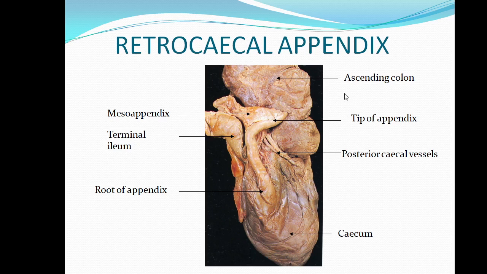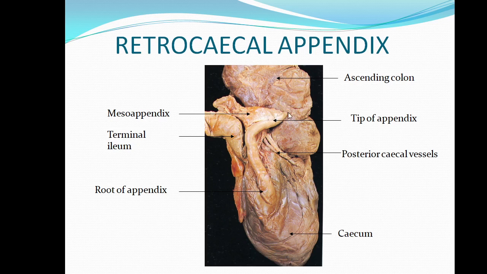In this section, the appendix and the cecum have been observed from the posterior aspect. Here you can see the terminal part of the ileum. This is the terminal part of the cecum, and here you can see the root of the appendix. Appendix is directed upwards behind the cecum.